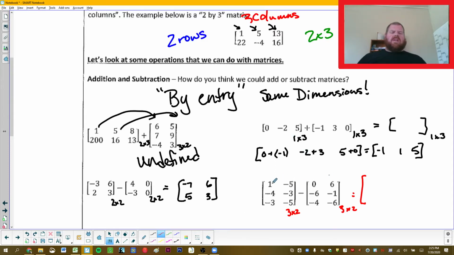We are subtracting, so 1 minus 0 is 1. -5 minus 6 is -11. 4 minus -6 is 2. 3 minus -1 is -2. 3 minus -4 is 1. 5 minus -6 is 1. So this is our resulting matrix.